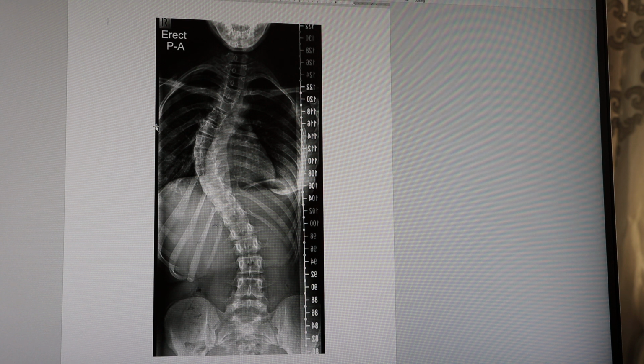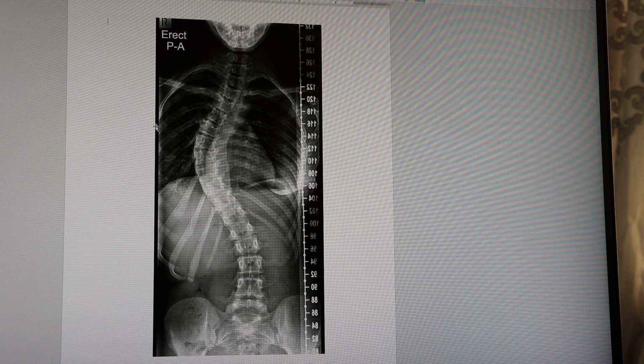So if in your history taking you observe that your patient is a CP patient, you will be thinking it might be related to neuromuscular disorders. If you see your patient is having some congenital anomalies, maybe some fault in the heart or anything like that, then you'll be thinking, okay, it might be a congenital case.